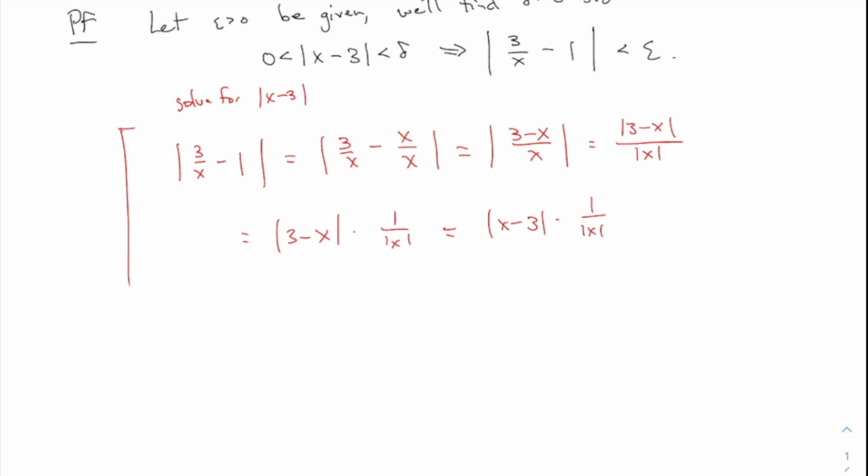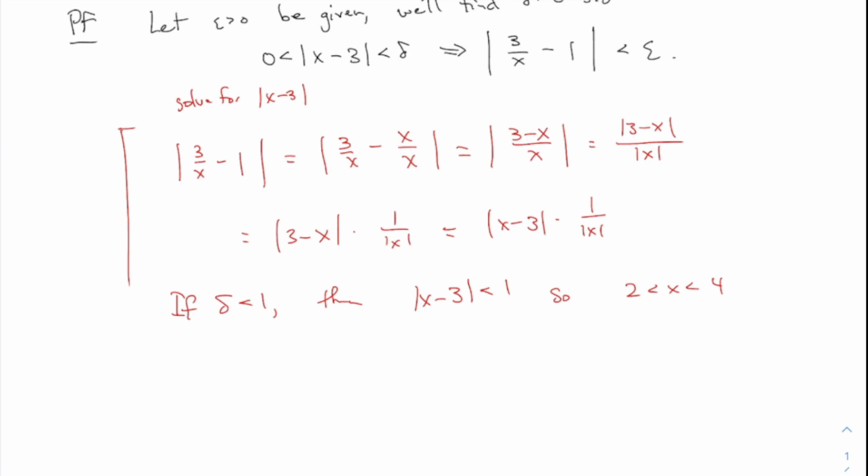So I'm going to say if delta is less than 1, then the absolute value of x minus 3 will be less than 1. That means x is between 2 and 4, right? You think about if x is close to 3.